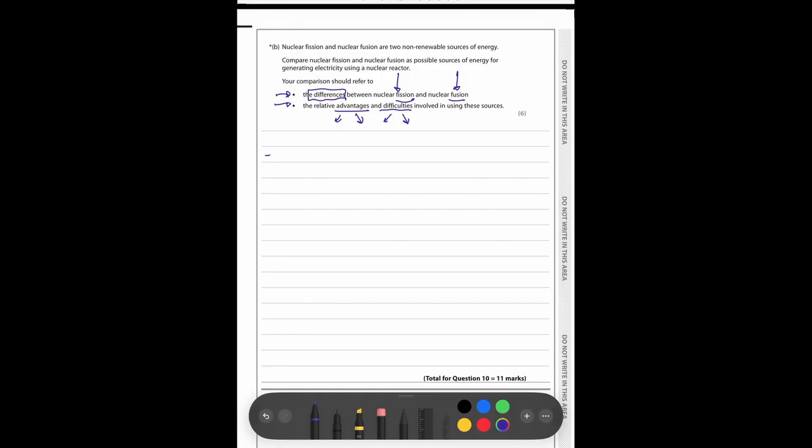So the first thing, let's just go on the first bullet point, and it says fission first. So let's just get that out of the way. So what do I know is meant by fission? So fission is always when a large nucleus becomes unstable by absorbing a slow-moving neutron.